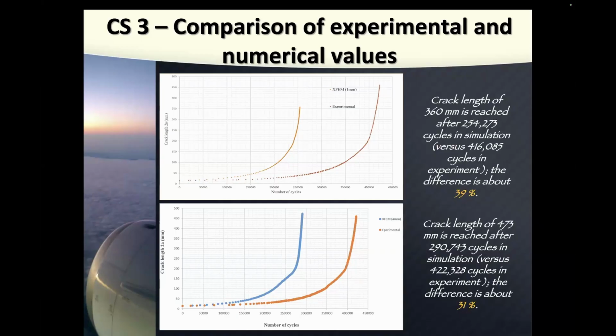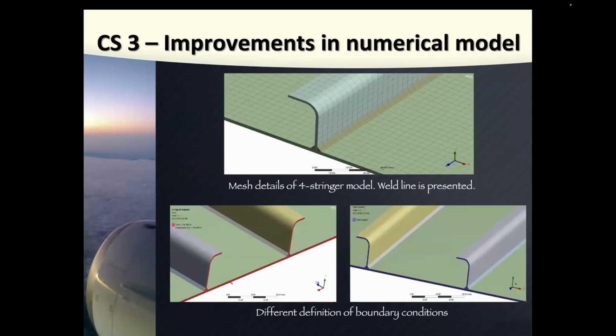And then I tried many other things, like adding the weld toe. As you can see, the weld line is now presented, which was not presented previously. Then I changed the boundary conditions a little bit, just to see if there was something wrong with them. I also did the same simulation in ANSYS, but results were always very different from the experimental work.